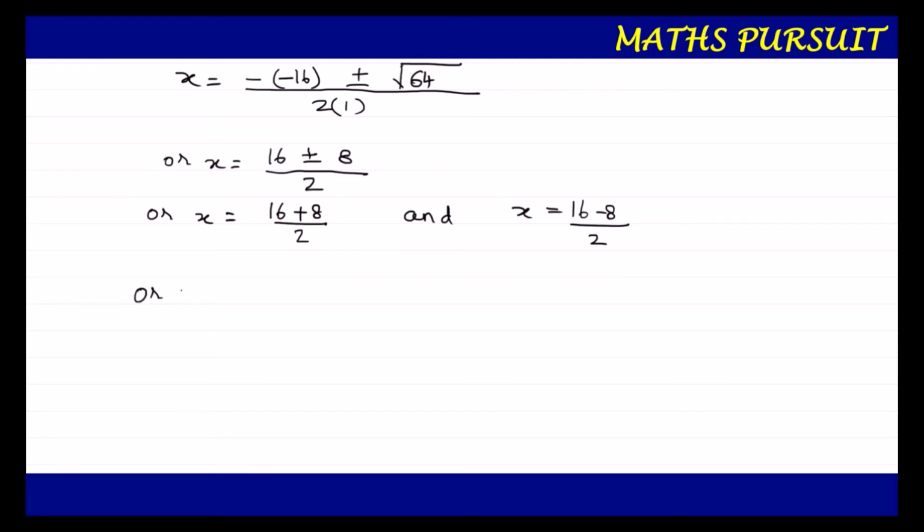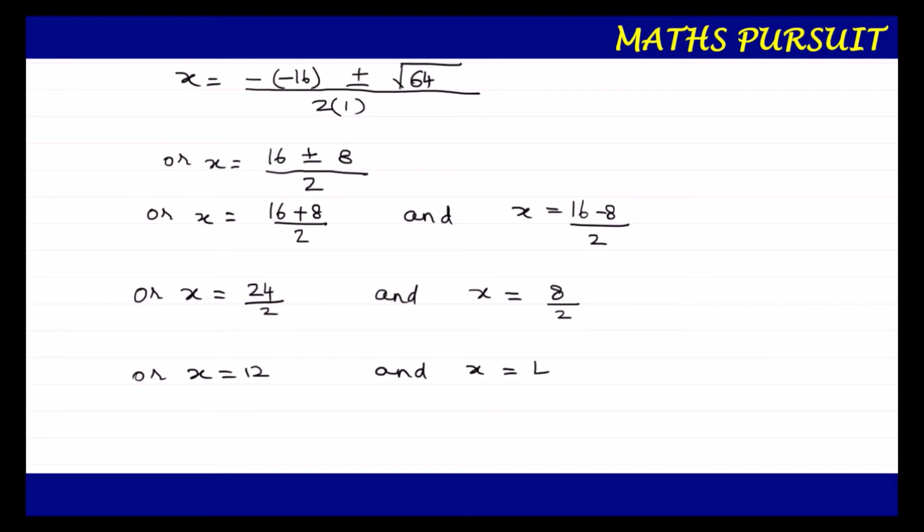Or x is equal to 16 plus 8 is 24 upon 2, and this one will become x is equal to 16 minus 8 is 8 upon 2. Or x is equal to 12, and here x is equal to 4.